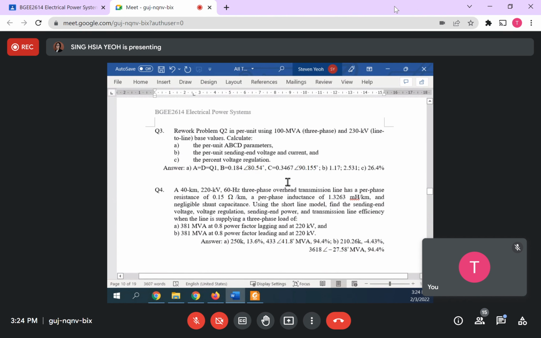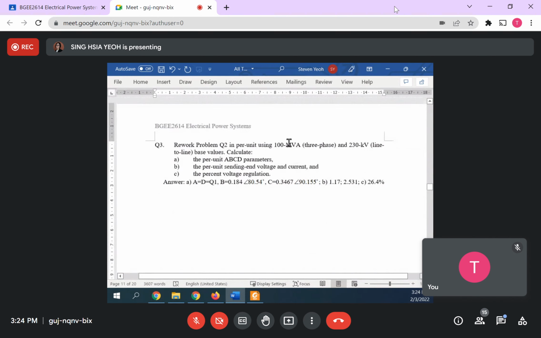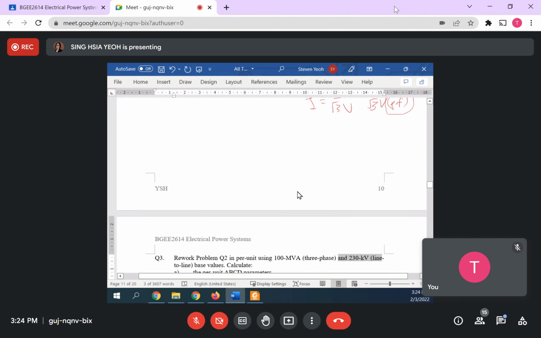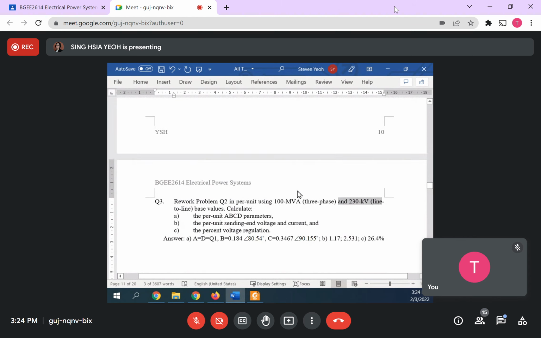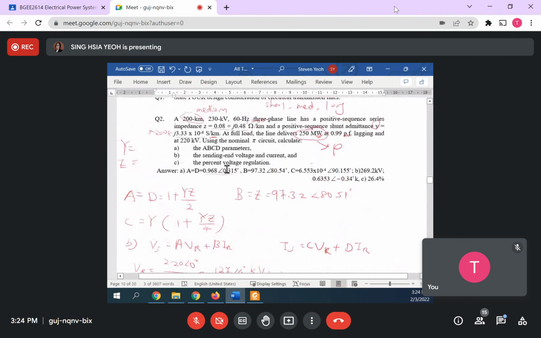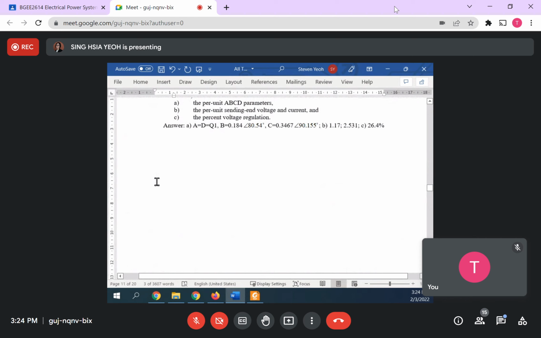Okay. Where are we? So question 2. Now they want the ABCD parameters in per unit. So can you do it? They give you 100 MVA and 230. It means you can have the y and z in per unit form.